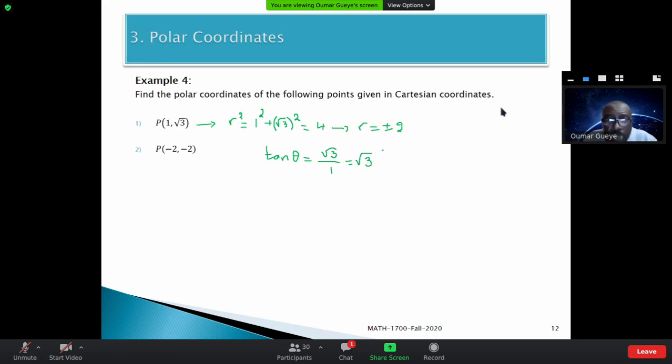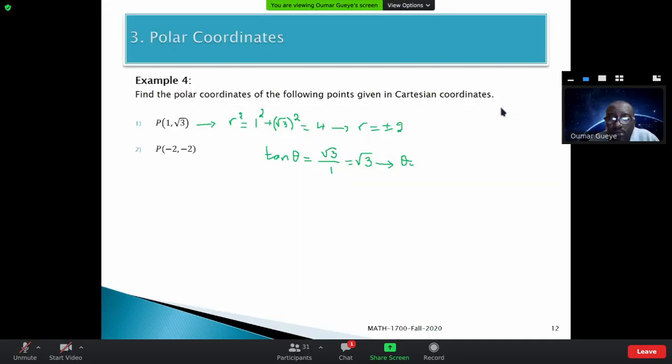And so here you can get two possibilities. Which angle has its tan equal to √3? Pi over 3. Okay, pi over 3, so we can get theta equal to pi over 3.